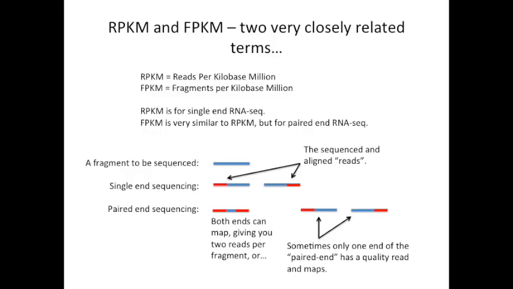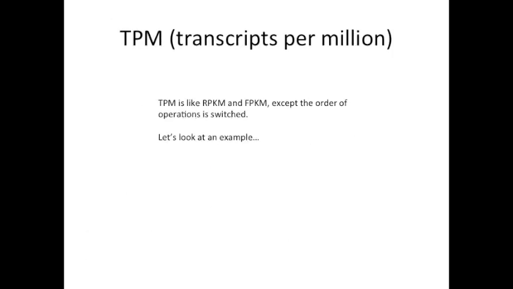In this case, you only get one read mapping to a fragment. All FPKM does is keep track of the fragments so that one fragment with two reads mapping to it is not counted twice.